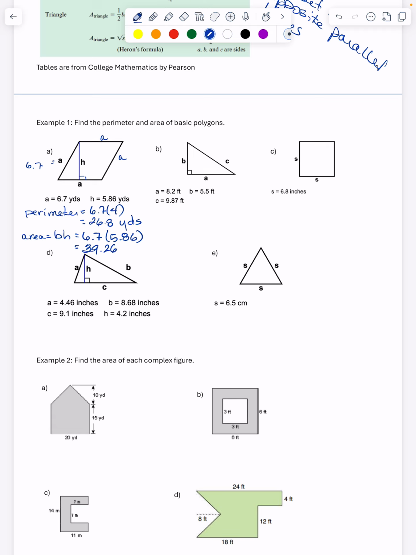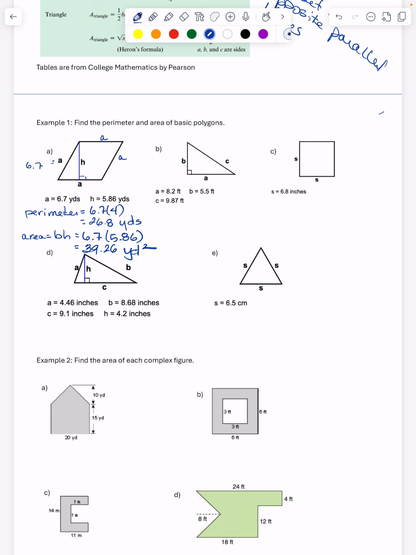Now I have 2 dimensions, a base and a height, so my unit, my label there, is actually yards squared. If you think about it, I got 6.7 yards, I got 5.86 yards. The 6.7 times 5.86 is our 39.26. Yards times yards gives me yards squared.